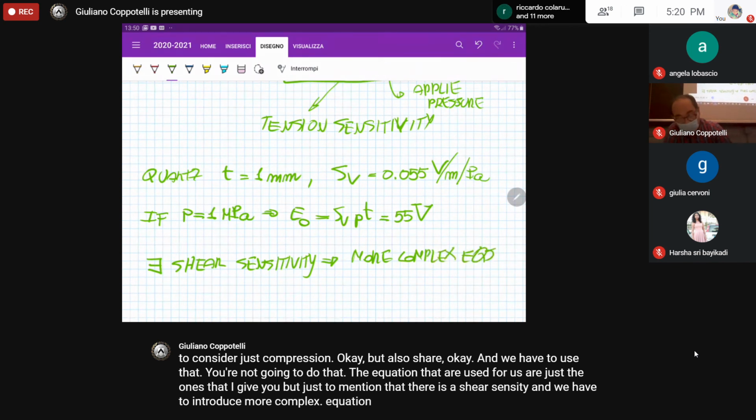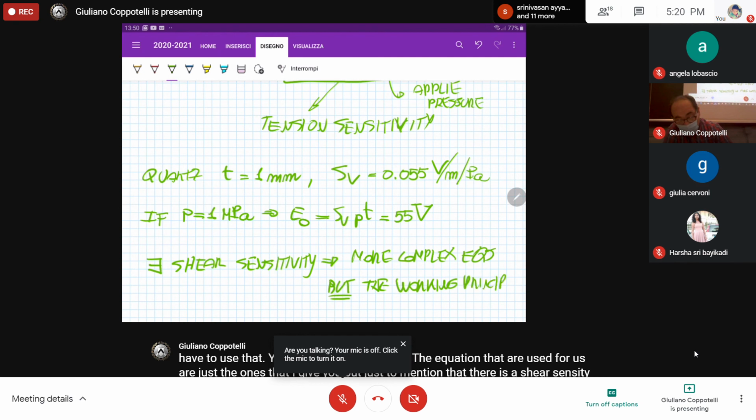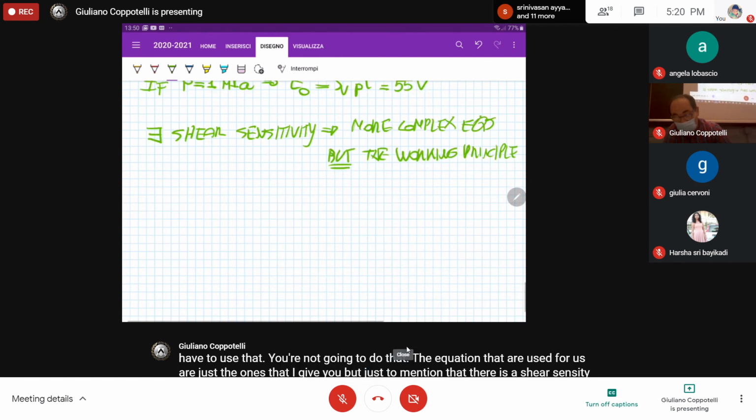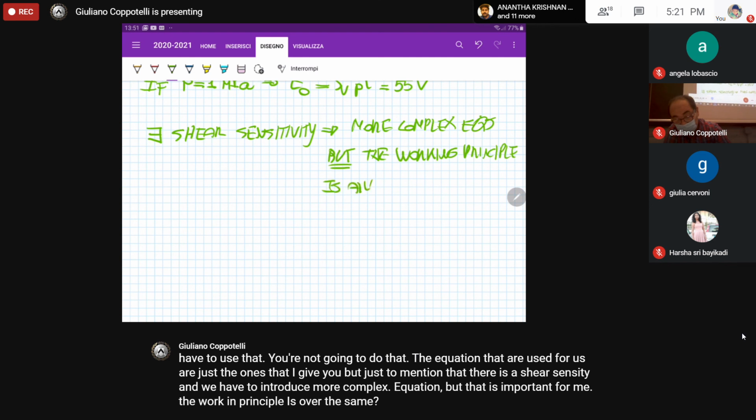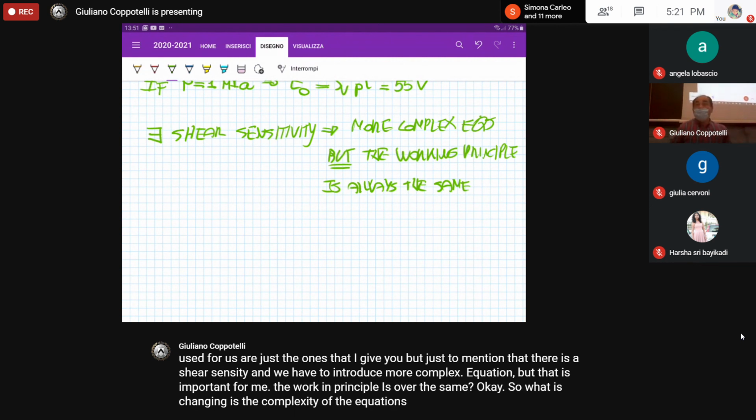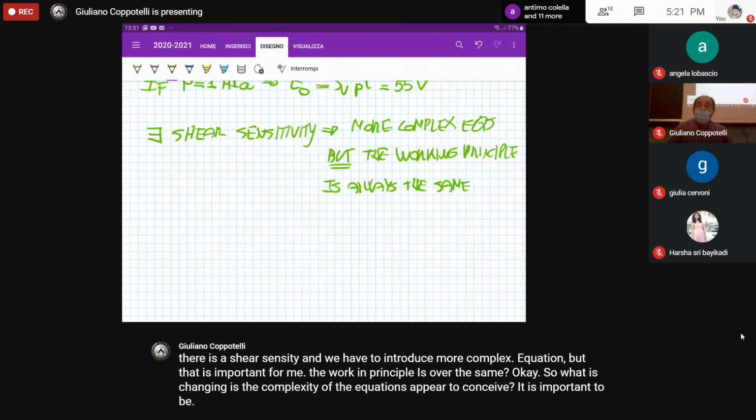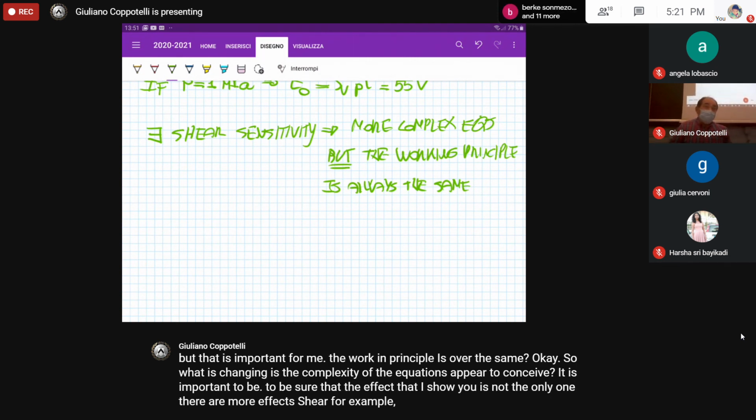But, and that is important for me, the working principle is always the same. What is changing is the complexity of the equations that we have to consider. It is important to be sure that the effect that I show you is not the only one. There are more effects, shear for example, that we have to take into account.